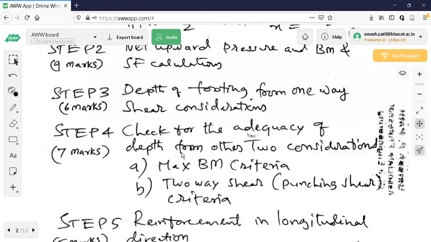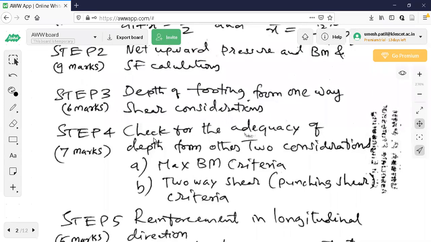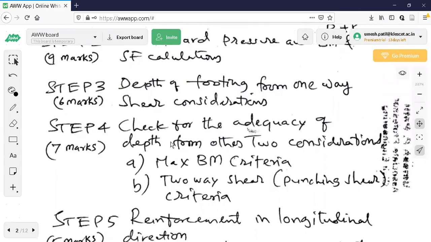Now observe here. Once you find L and B, your next step is to find the depth of the footing. Step 3 and step 4 are related to depth of footing. Step 3, depth of footing from one-way shear considerations, is done.